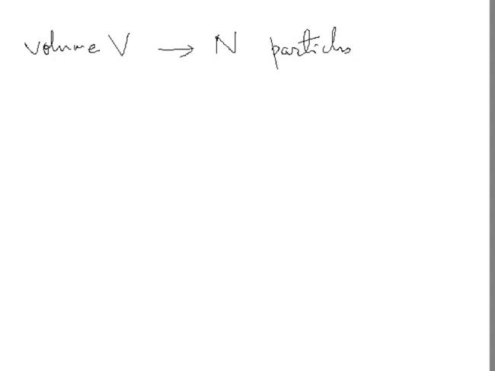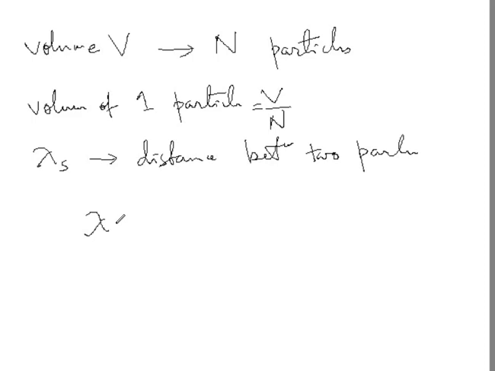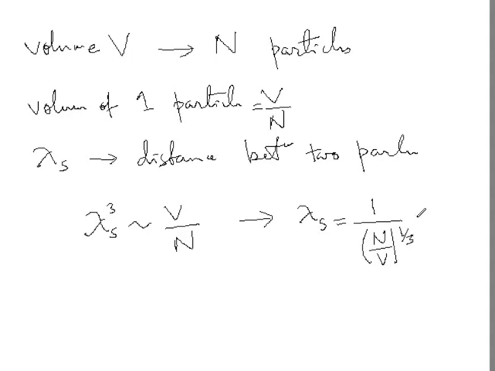Then the volume of one particle is V by N. If lambda s is the distance between two particles, then we can say this is the dimension, and from here we get lambda s equal to 1 by (N by V) to the power 1/3, or 1 by the number density to the power 1/3.